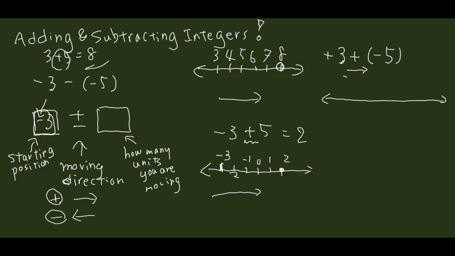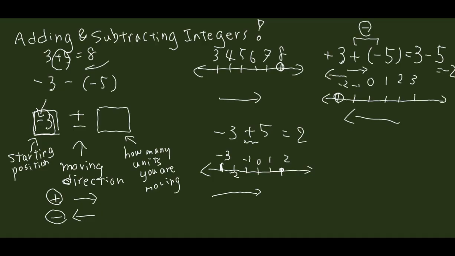So you end up moving to the left. So it's the same as 3 minus 5. So plus negative makes a minus movement going to the left. Okay, so you are here at 3 and 1, 2, 3, 4, 5 units to the left. So it's 2, 1, 0, -1, -2. So you get -2.